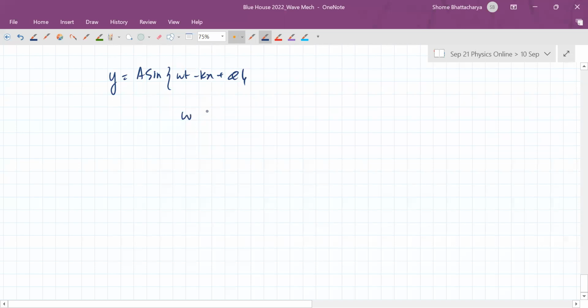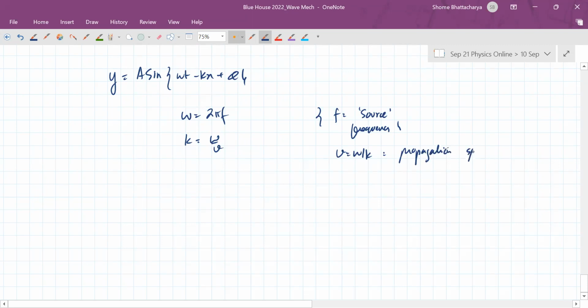We'd seen that omega was 2 pi f, where f was the property of the source, the source frequency. And then we had seen that k was omega by v, where v equal to omega by k was the propagation speed, which depends on the medium's properties.